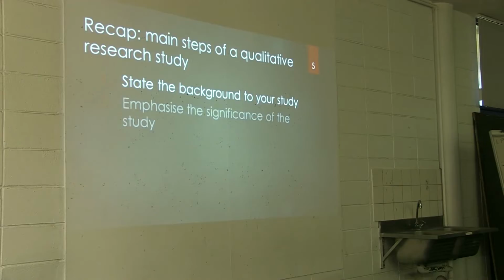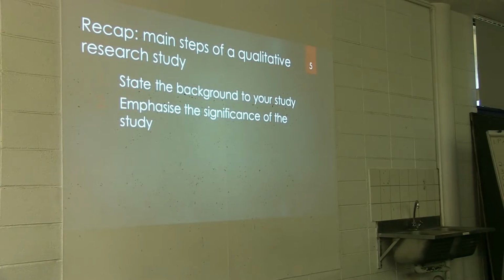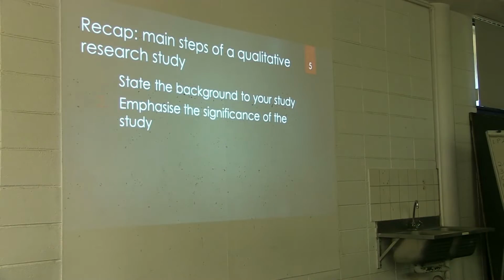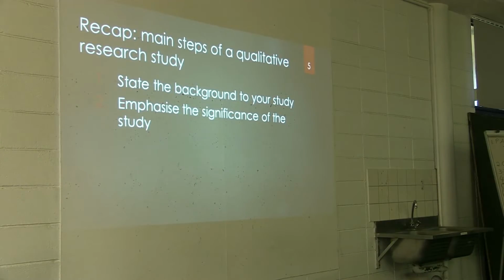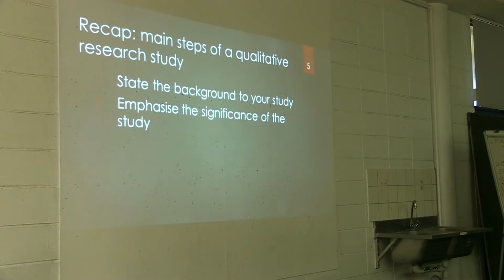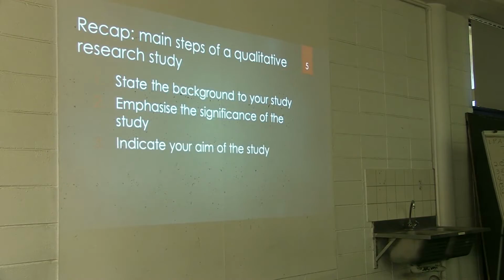You emphasize the significance of the study. Why is this study so important? Why is studying auditing of small to medium enterprises important? Is it because of the Auditor General, or because you want to make sure that people can run their small businesses properly? So you need to emphasize why that study is important.